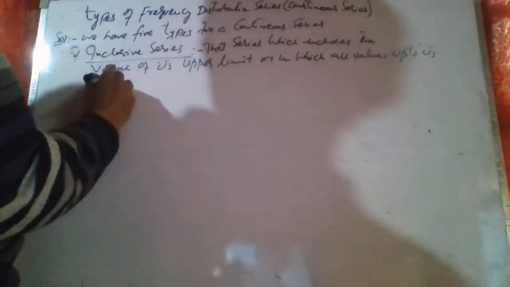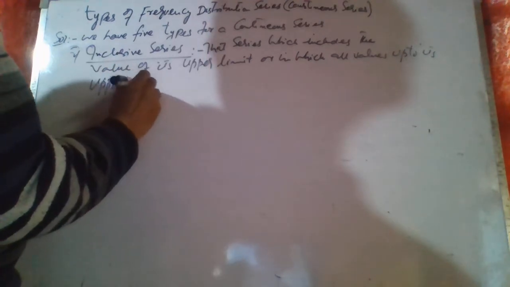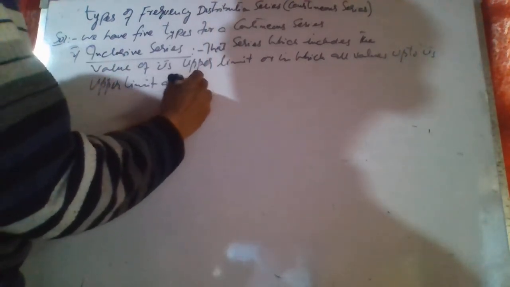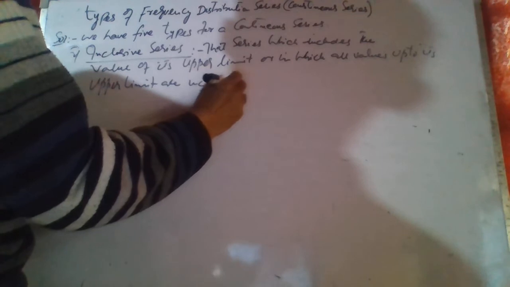That series in which all values up to its upper limit are included. So this is such a series which includes all values up to its upper limit in the same class. A class includes all values from lower limit to upper limit.